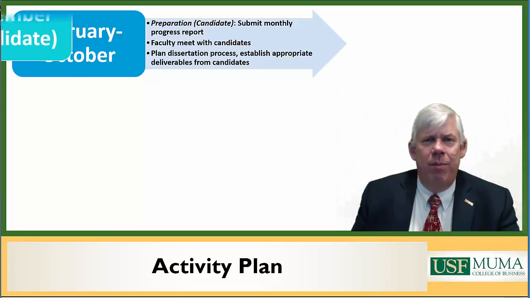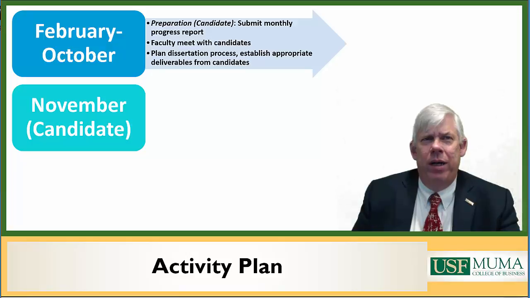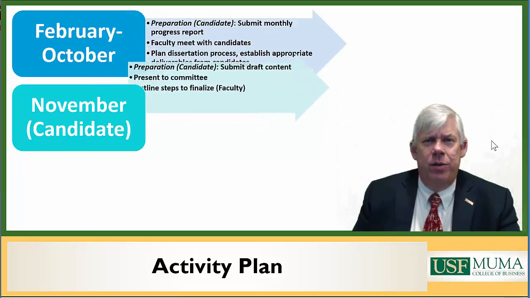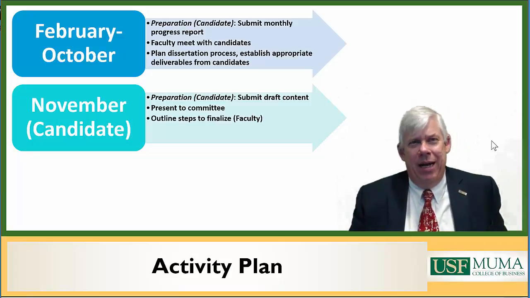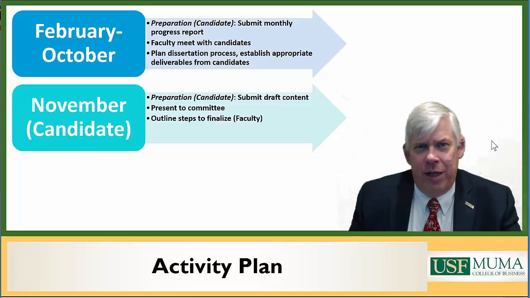Now, when we get to the November meeting, what we encourage you to do is to essentially have a sort of draft dissertation, have the participants present this draft to the committee, and then the faculty will come back and outline some steps to finalize.